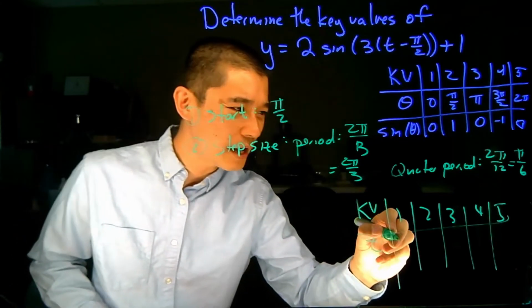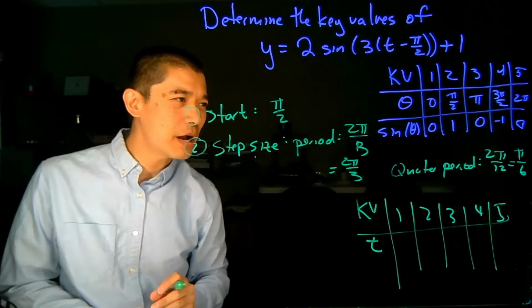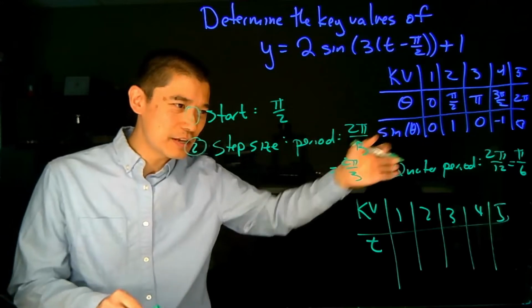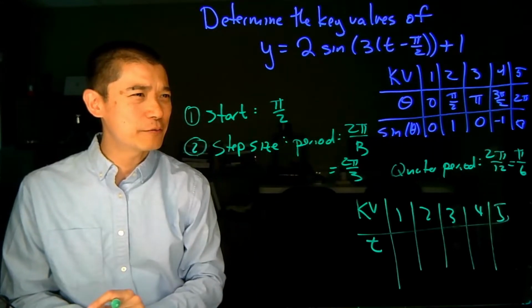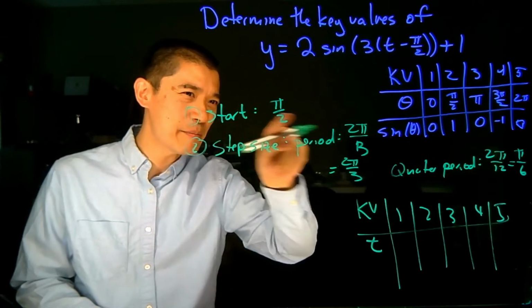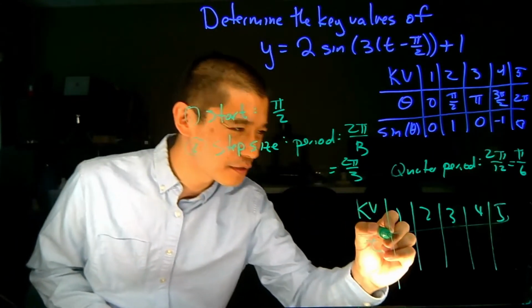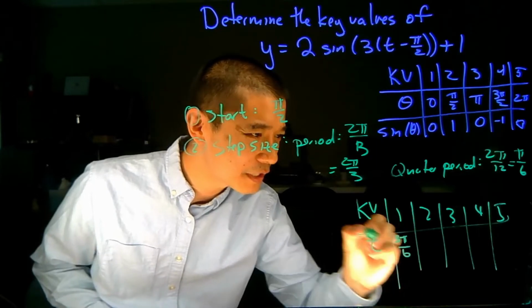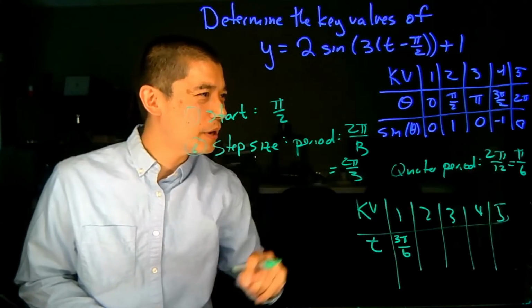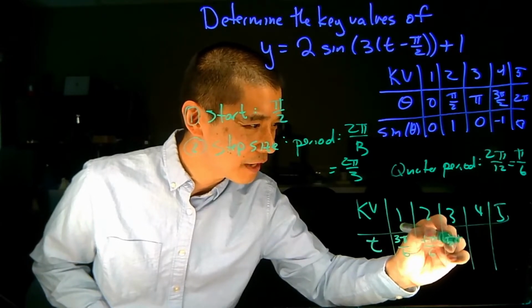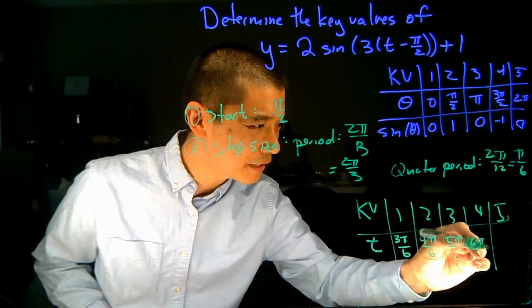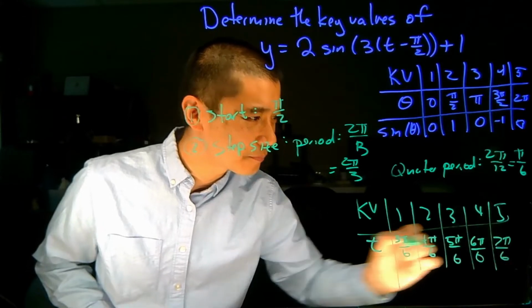They're going to start at pi over 2, and then they're going to take pi over 6 steps as you go to the right. To make life simple, instead of writing pi over 2, I'm going to write it with a denominator of 6. So this is 3 pi over 6, and we're just going to move by pi over 6 as we go to the right: 4 pi over 6, 5 pi over 6, 6 pi over 6, and 7 pi over 6.